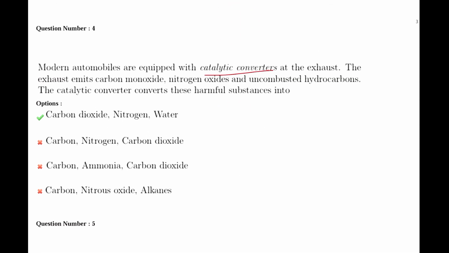The next question: automobiles could have catalytic converters at their exhaust, so that gases which are so harmful to the environment get converted using catalysis, right? There is carbon monoxide, a very dangerous one, various nitrogen oxides, and unburnt hydrocarbons.